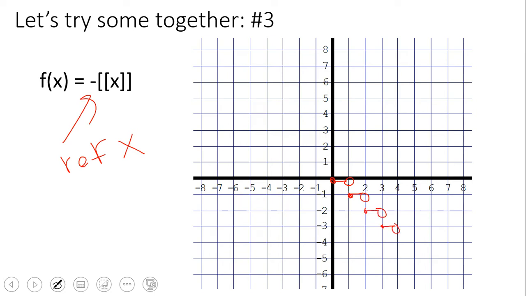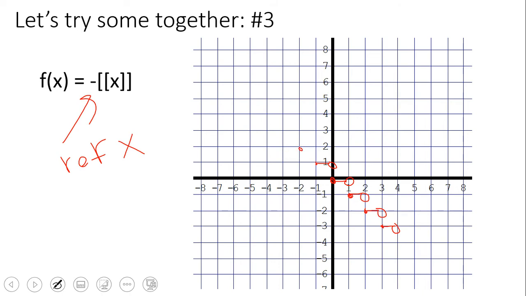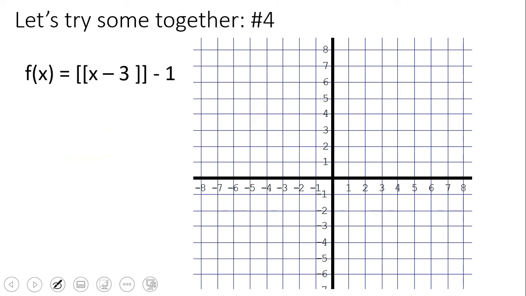Here would be another step. And then you'd also have a bunch going the other direction. So essentially you would take anything from the original function and simply reflect it over the x-axis. So you now have a set of stairs that you'd be walking down as opposed to walking up. And I don't need to see a couple of the stairs, no need to get crazy as long as I get the main idea.